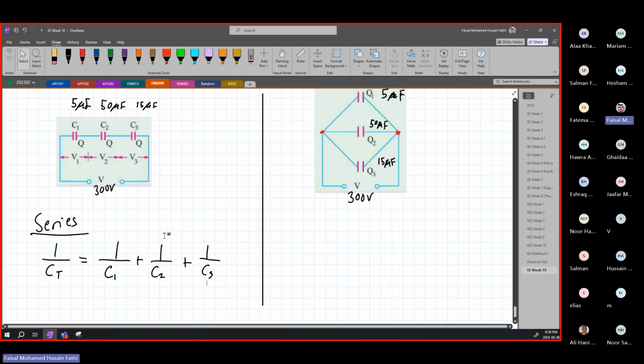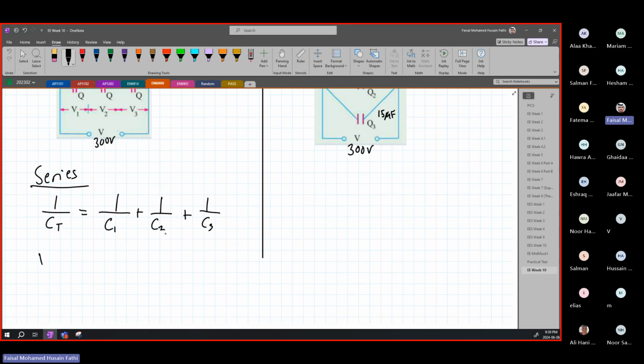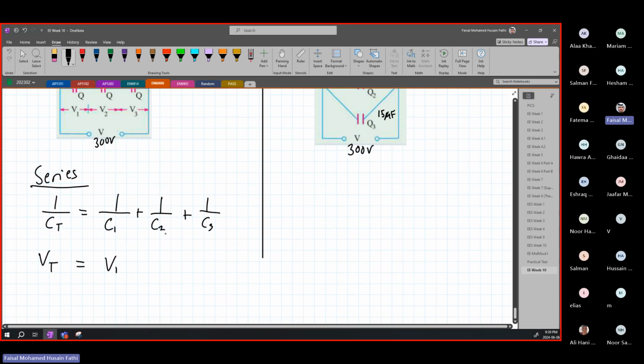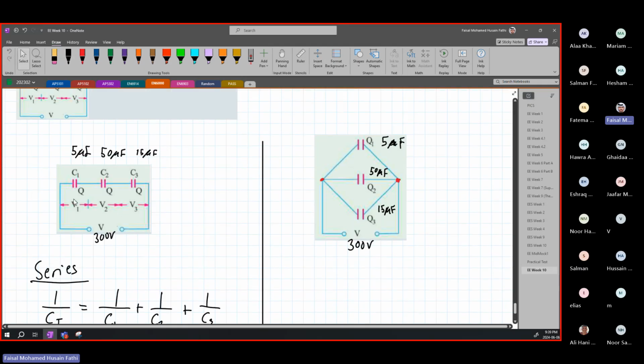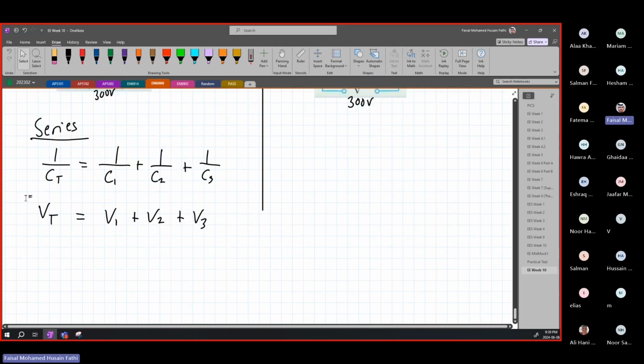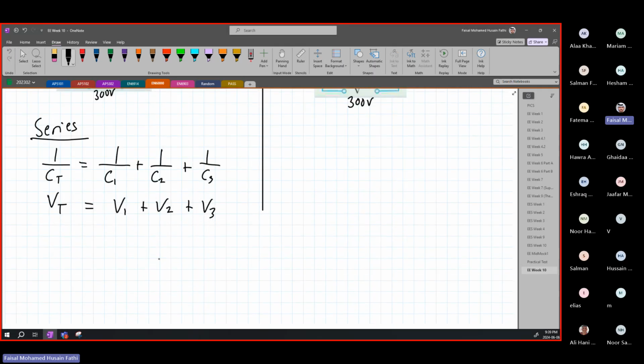That's the first thing. Second, we know that V total equals V1 plus V2 plus V3, because there is a series connection. We know that you have to add up the voltages to get your total voltage. And we know that Q is equal to Q1 equal to Q2 equal to Q3.